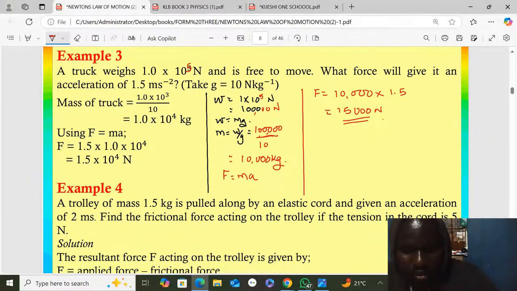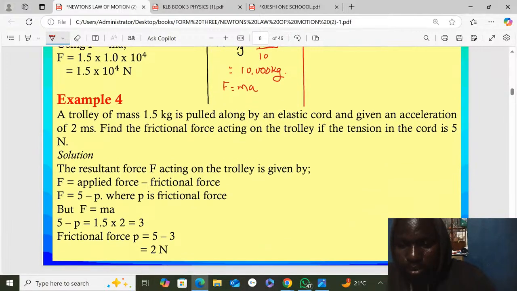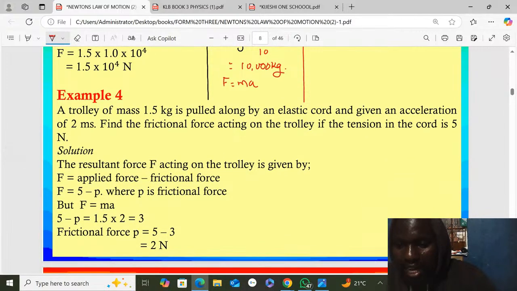A trolley of mass 1.5 kg is pulled along by an elastic cord and given an acceleration of 2 meters per second squared. Find the frictional force acting on the trolley if the tension in the cord is 5 newtons.